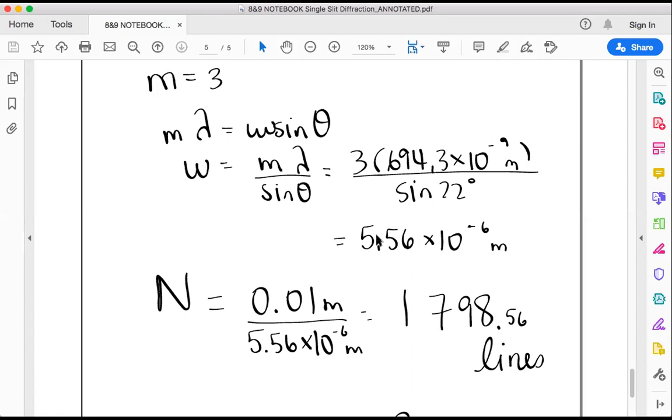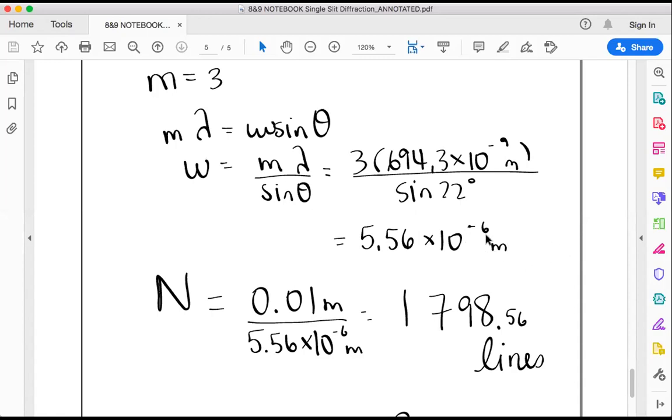So when we solve for W, we're solving that it's this many meters. If we have this slit spacing, it's this amount of meters from one line to the next. So 5.56 times 10 to the minus 6 meters per line, space per line.